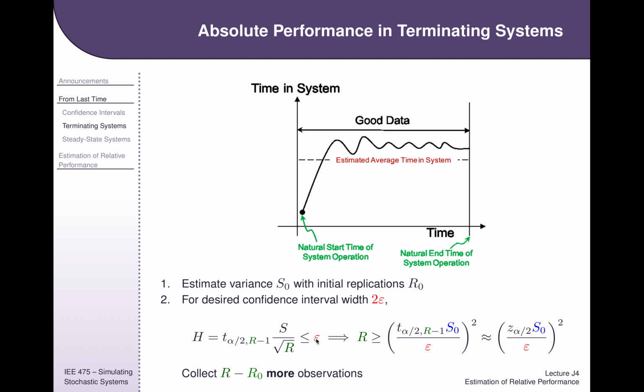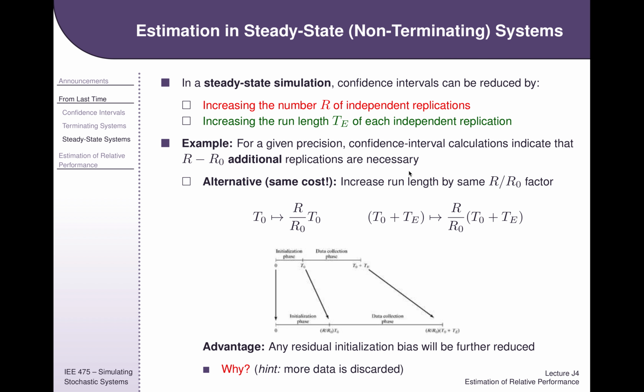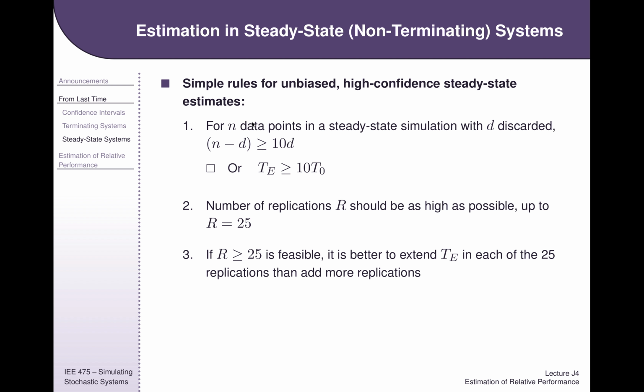If you give me a half width, I will give you a number of replications out, and that is going to work for the steady state replicate as well. So this formula right here, even though we designed it for terminating simulations or transient simulations for terminating systems, also is going to work for our steady state case, so long as we made sure to get rid of this initialization bias.